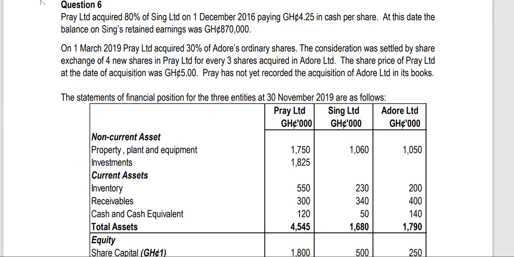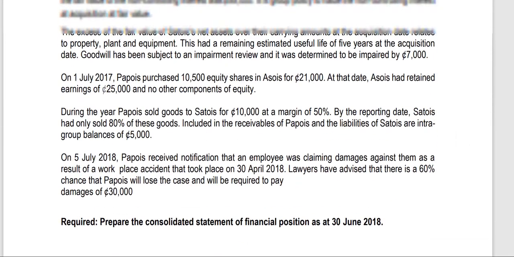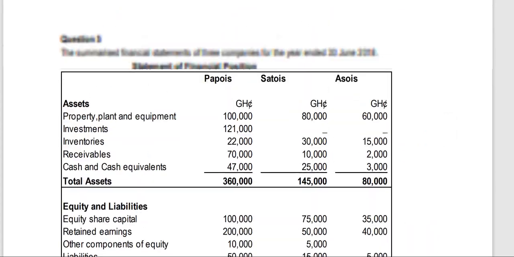One of the questions is on consolidation with associates, and I want you to pay attention to that. You know how to account for an associate, and I want us to go through accounting for consolidation, which includes an associate.